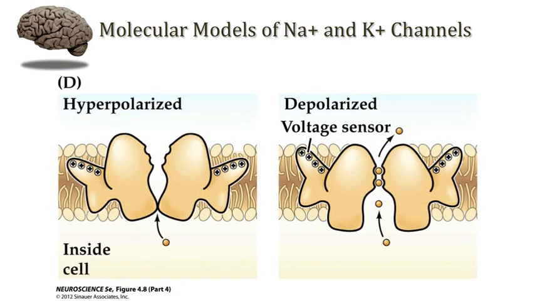Now, let's back away just a little bit from the more detailed look at the molecular structure of the voltage-gated ion channel and consider, again from a more functional perspective, how these various components aggregate together to form a functional ion channel. So this is a model now of a voltage-gated potassium channel.